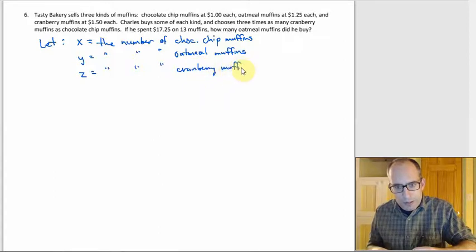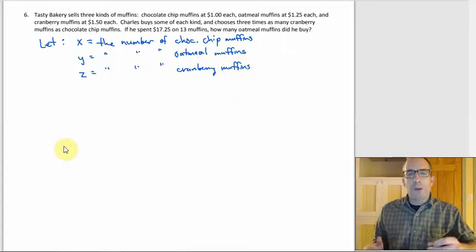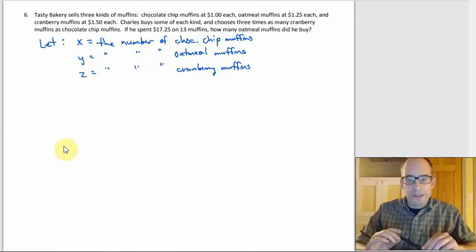All right, so now that we know what's what, now we can start translating the sentences into equations.